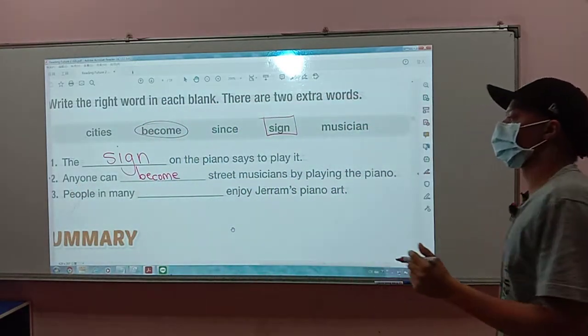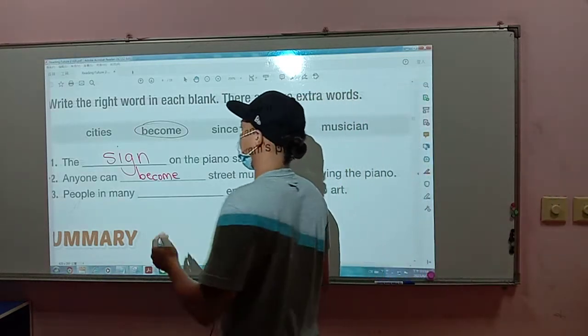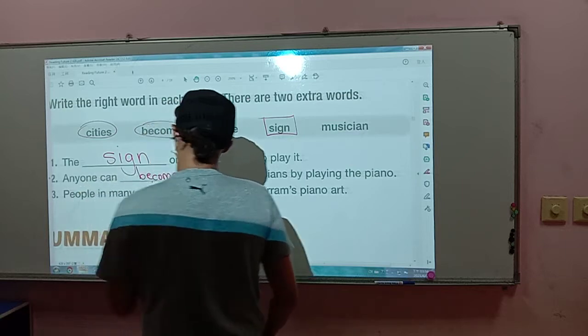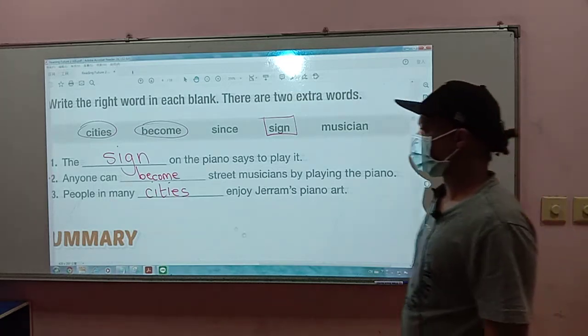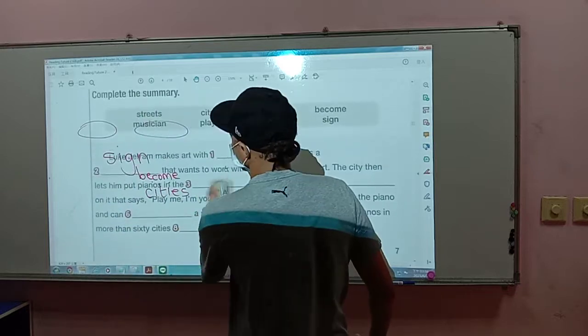Number 3, people in many cities enjoy Jerome's piano art. Okay? Cool. Let's move on and we do the last part for Unit 2.